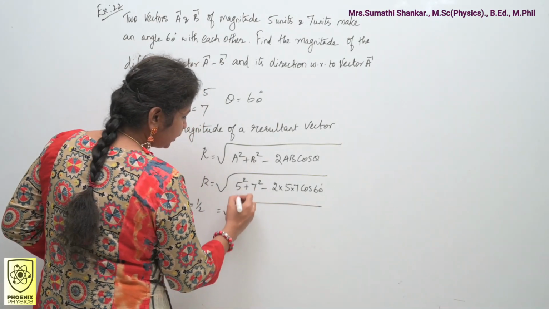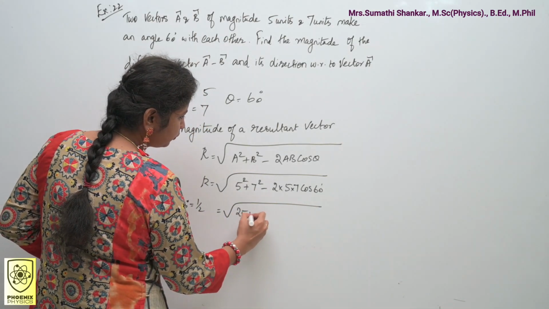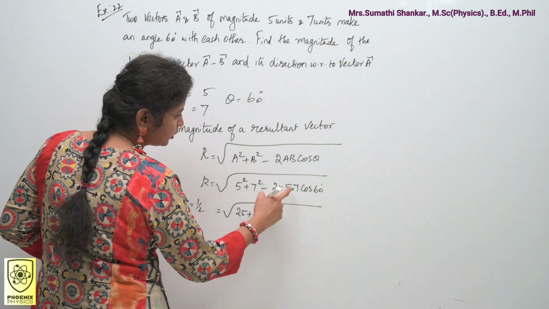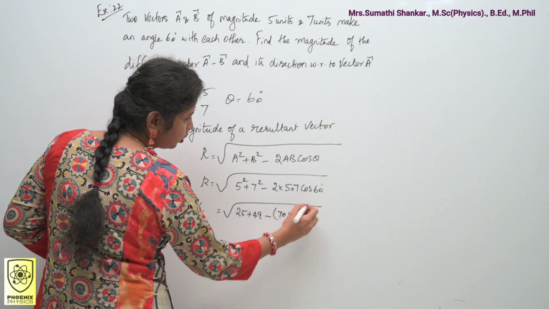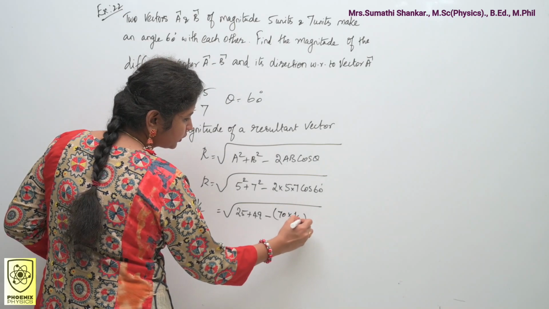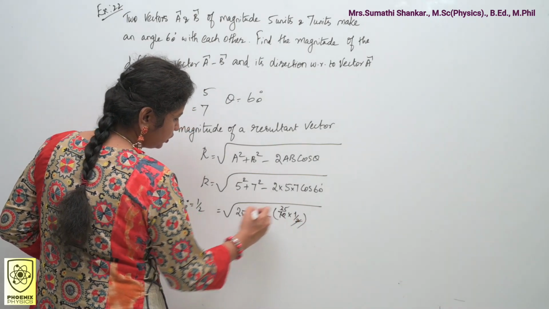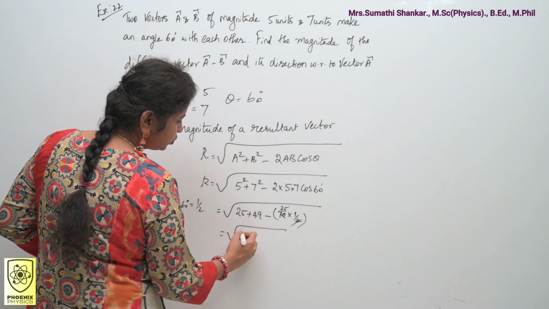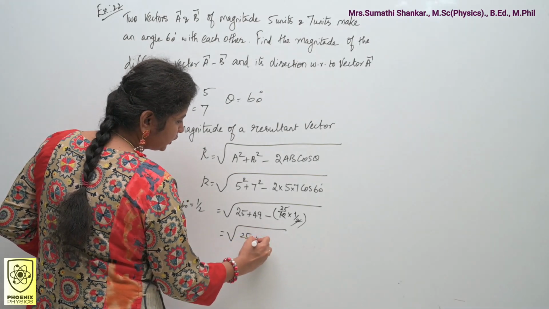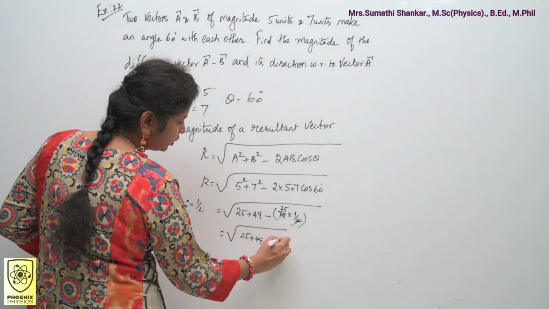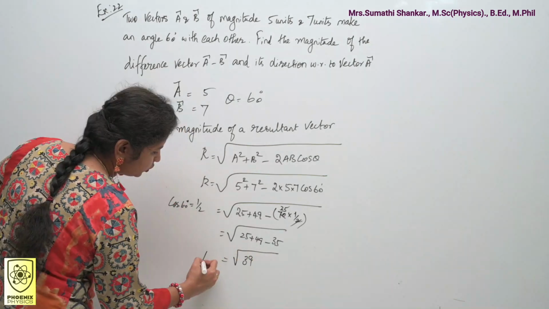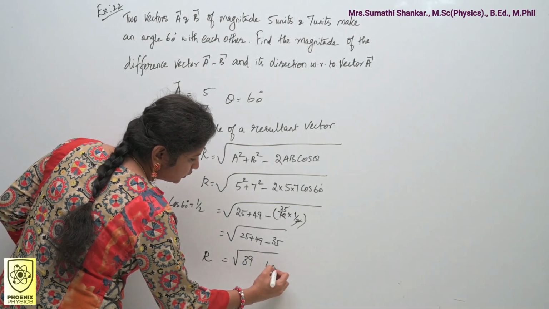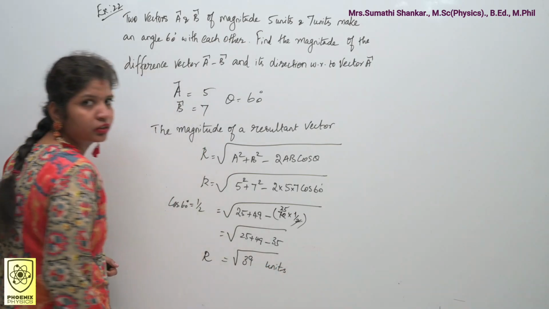Root of 5 square is 25 plus 49 minus 35 into 2, 70 into cos 60 is 1 by 2. Cancel this, 35. So root of 25 plus 49 minus 35, root of 39 unit. R is equal to root 39 units.